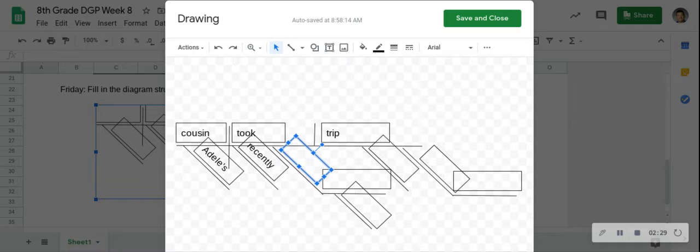Okay, so we can go over the prepositional phrase because even though you can't see it directly, you should be able to still know what our prepositional phrase is, right? What does the preposition start with?